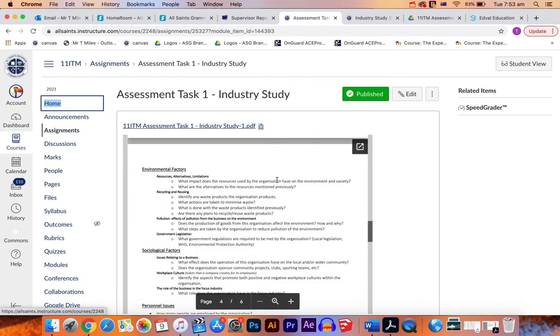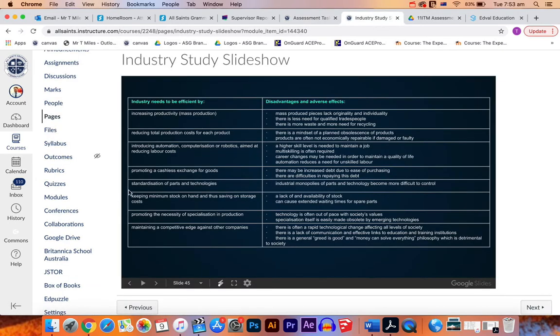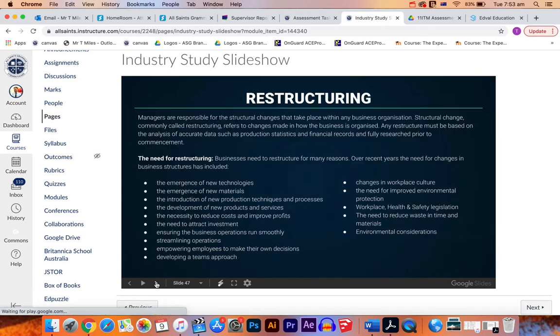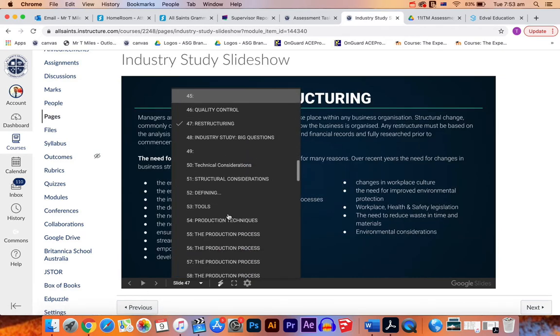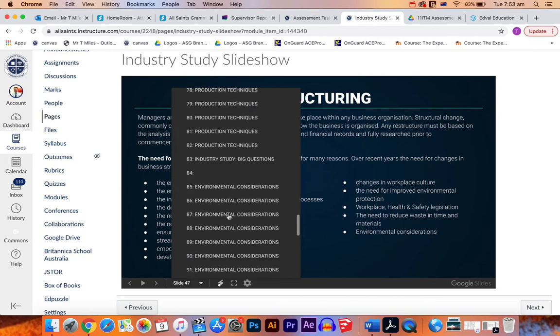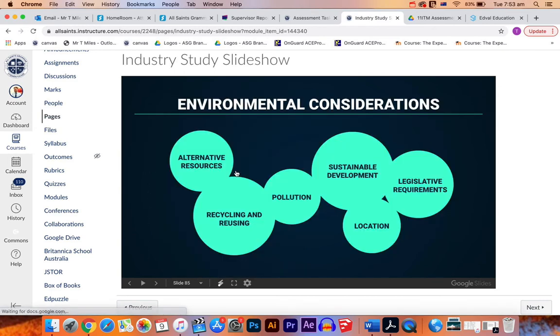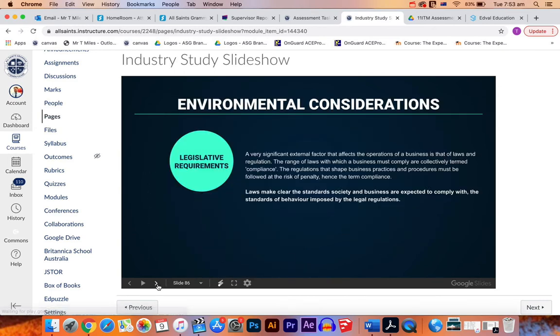Environmental factors, some of this is available in the yearly report. Otherwise, you can come back to the industry study slideshow. And there are a lot of environmental considerations here. I've made this slideshow based on multimedia businesses.